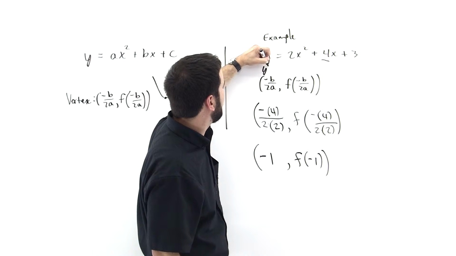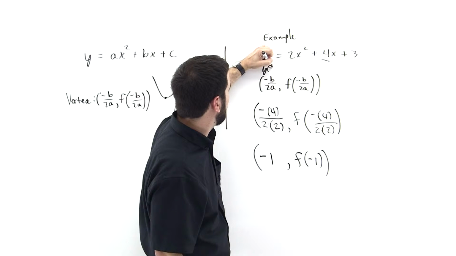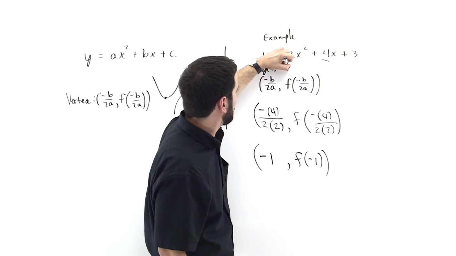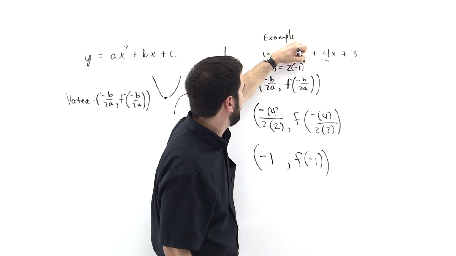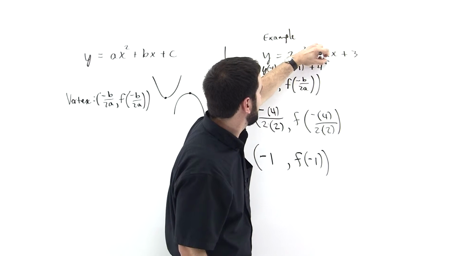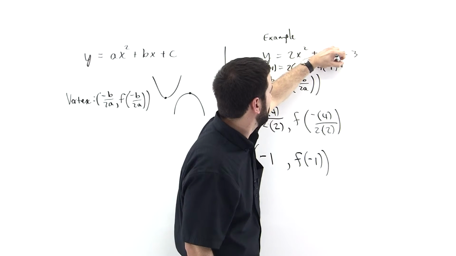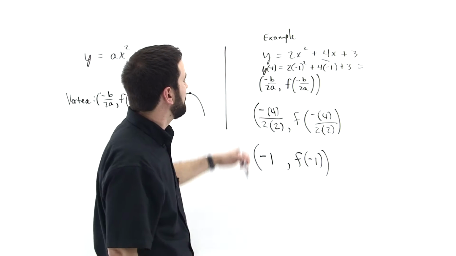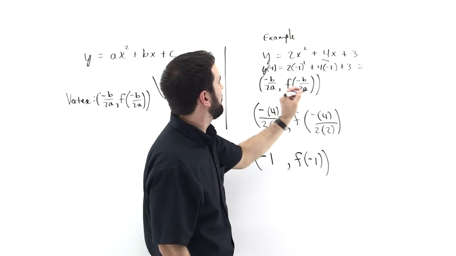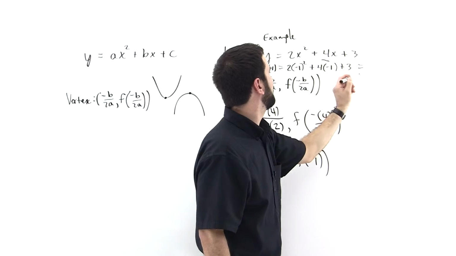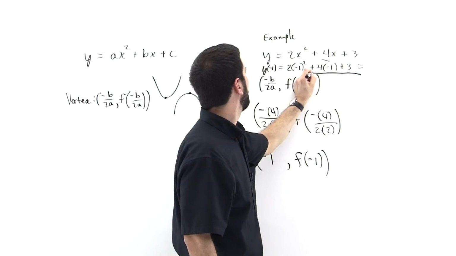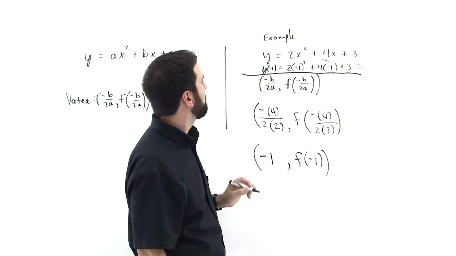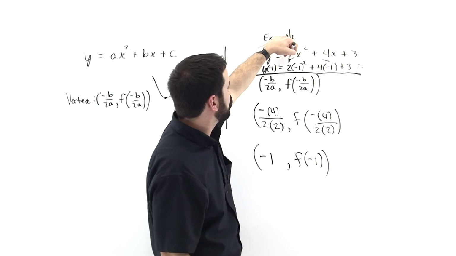Let's do y of negative 1 is equal to 2 times negative 1 squared plus 4 times negative 1 plus 3, like that. So this negative 1 squared, and let me separate this as best I can. All right? Okay, this is positive 2.